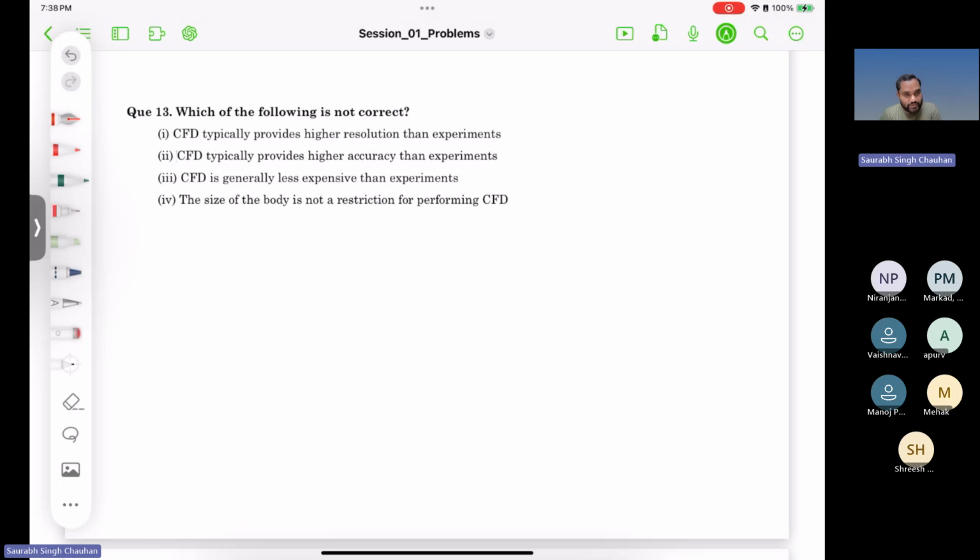That is called validation. So every time you are doing a CFD simulation, you need to validate your model with the experimental data, because experimental data is considered to be more accurate. So second option is correct too. Is there any doubt, or should we move ahead?